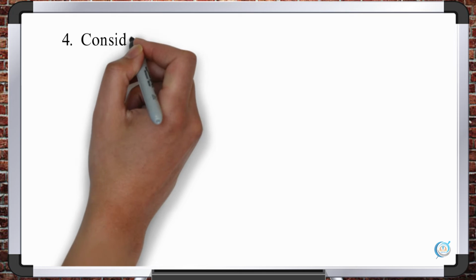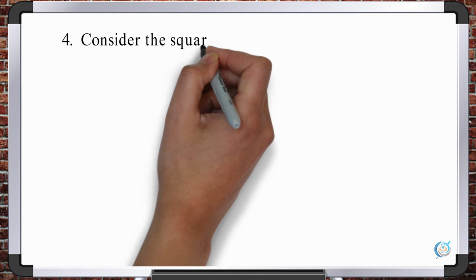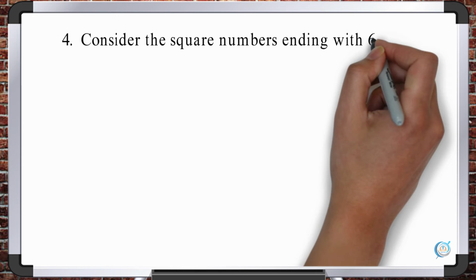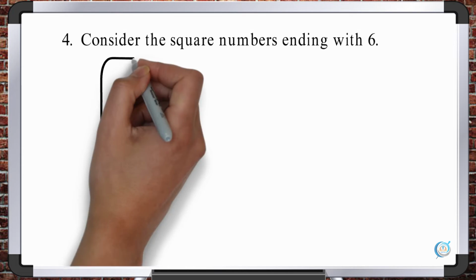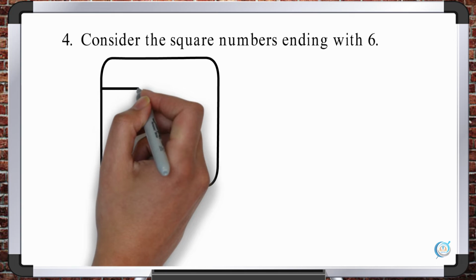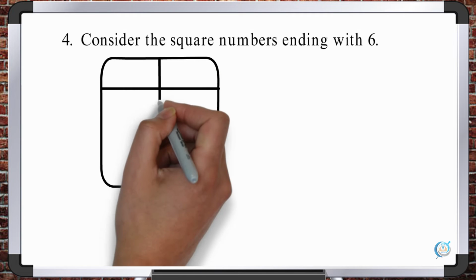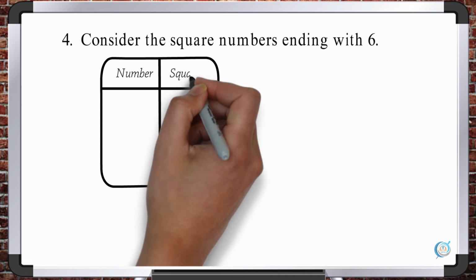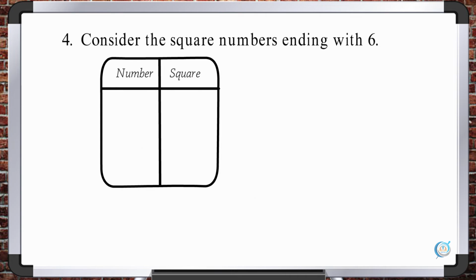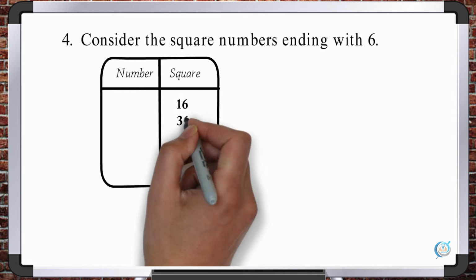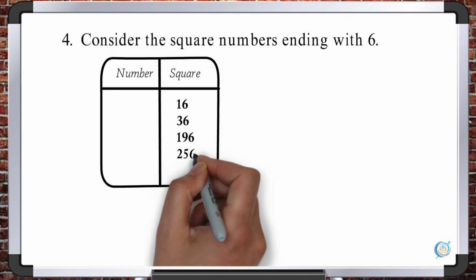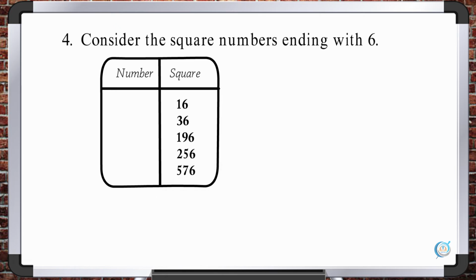Now consider the square numbers ending with 6. As with the previous one, from the table we can find that the numbers 16, 36, 196, 256, 576 etc. end with 6.